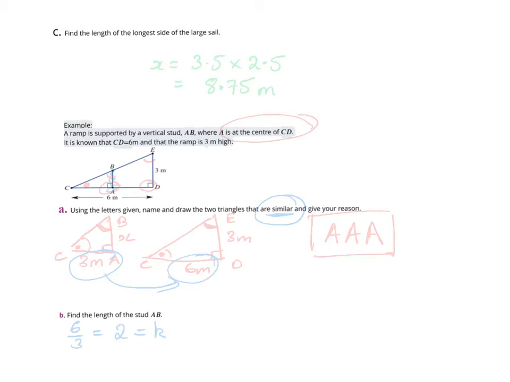I want to find the length of stud AB, which corresponds to this one over here. Going that way, 2 times x is equal to 3, because I have to multiply by 2 to get to 3. So x is equal to 3 on 2, or 1 1/2. We are in metres, so it's 1.5 metres.